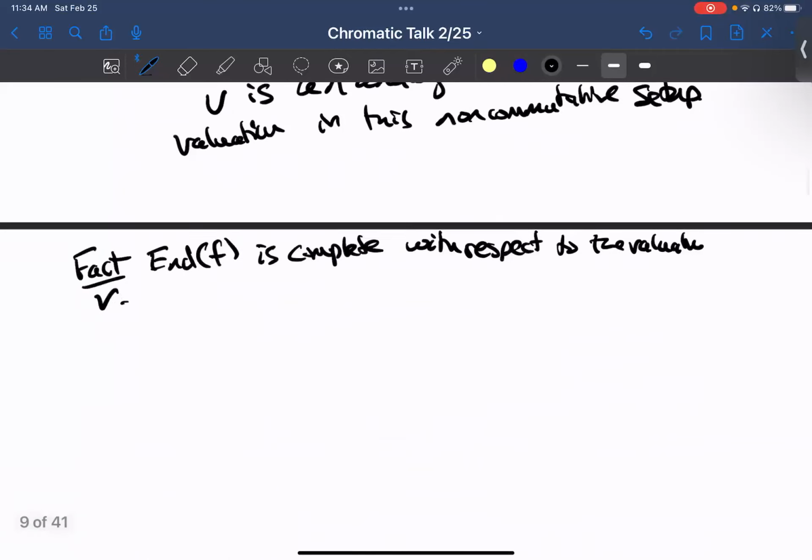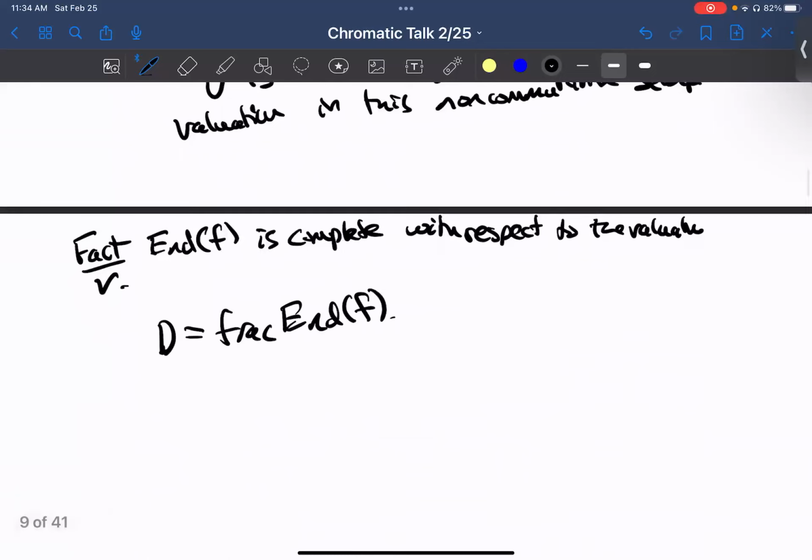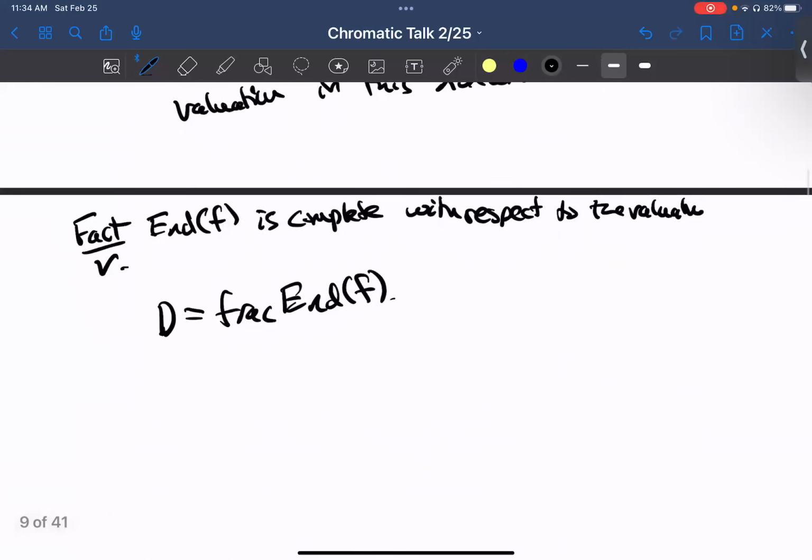All right, and with this in mind, this is, like we said, a domain, so we can form its total ring of fractions. So this is just inverting all non-zero elements, and we're going to call this D. And in fact, D is some division ring.